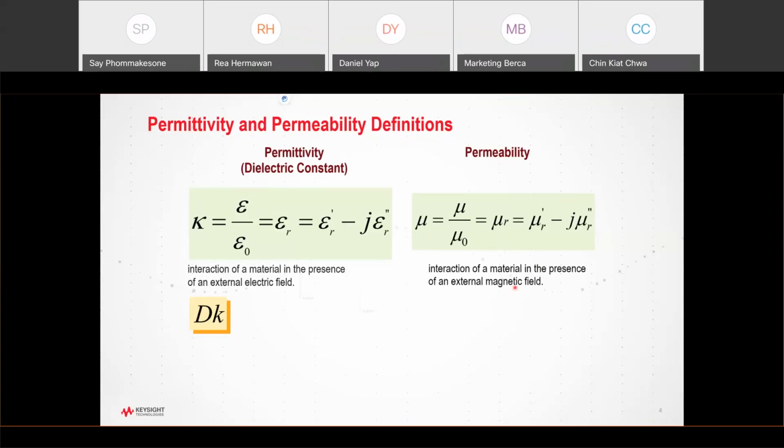Most materials are non-magnetic, so most of the research and materials used in industries are non-magnetic. This permittivity is a complex value, but it is also called a dielectric constant, which sometimes causes additional confusion.